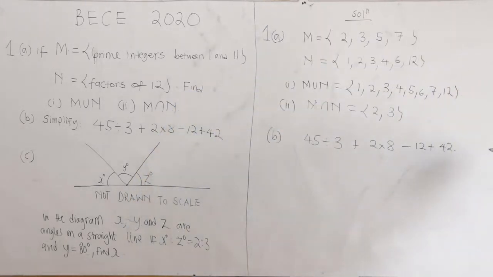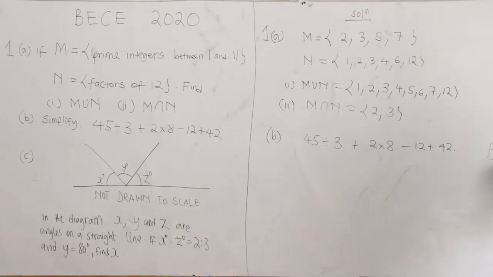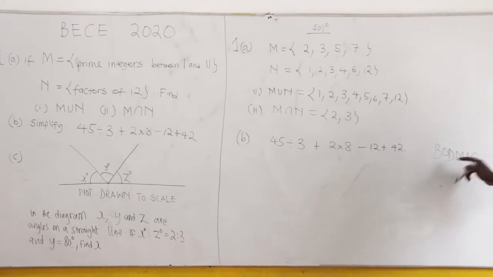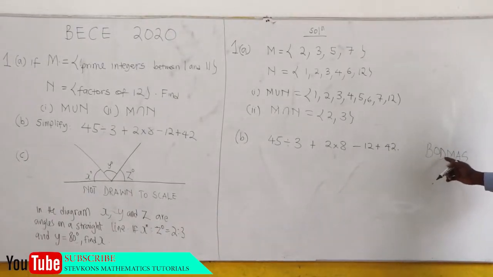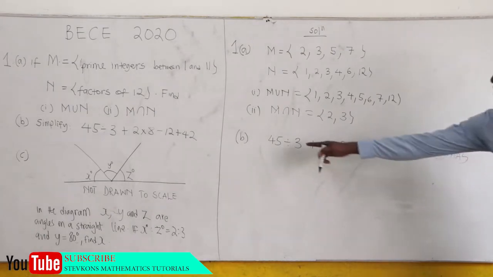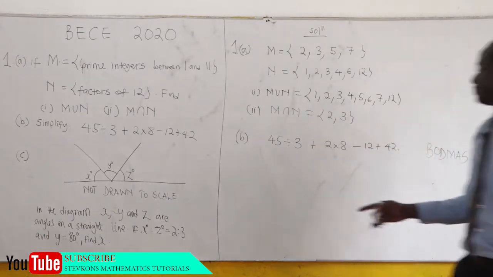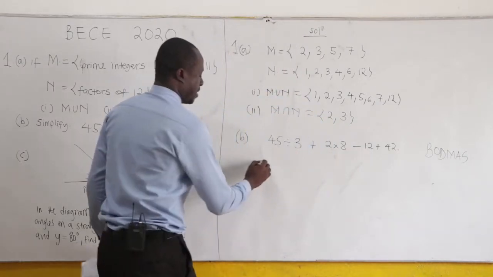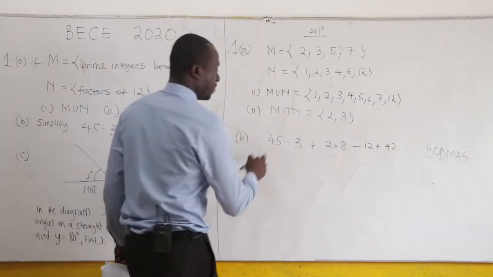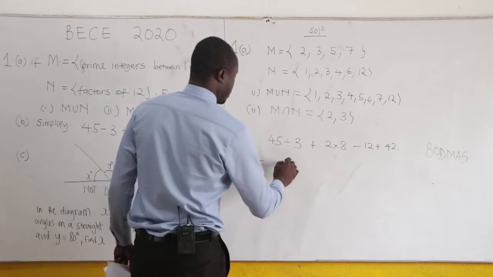Now let's not forget BODMAS. So bracket, there's no bracket. Then there's division, so first we have to do division. 45 divided by 3 is giving us 15.